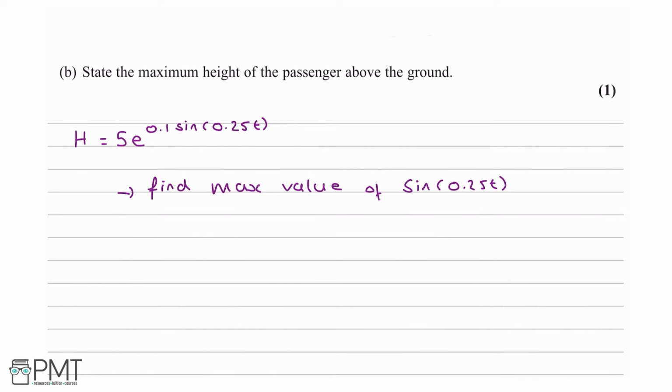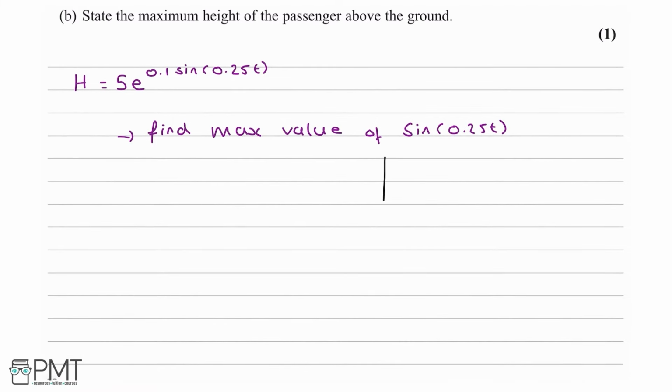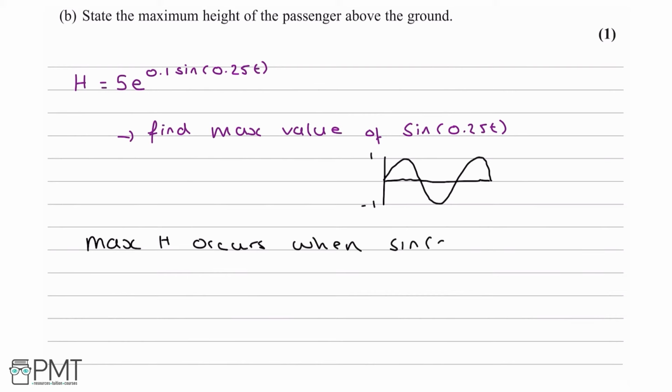If we look at our sine graph, which I'm just going to draw very quickly here, because t is positive, we don't need to consider the negative. We know that the maximum value of any sinusoidal function like this is going to be 1, alright? So we know that max h occurs when sine of 0.25t equals 1.